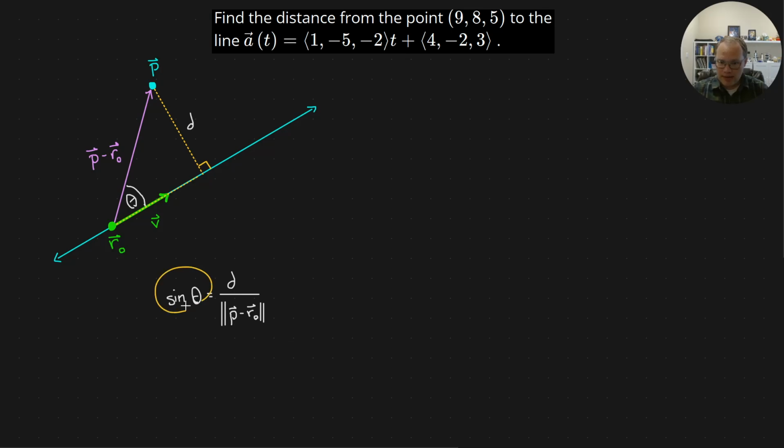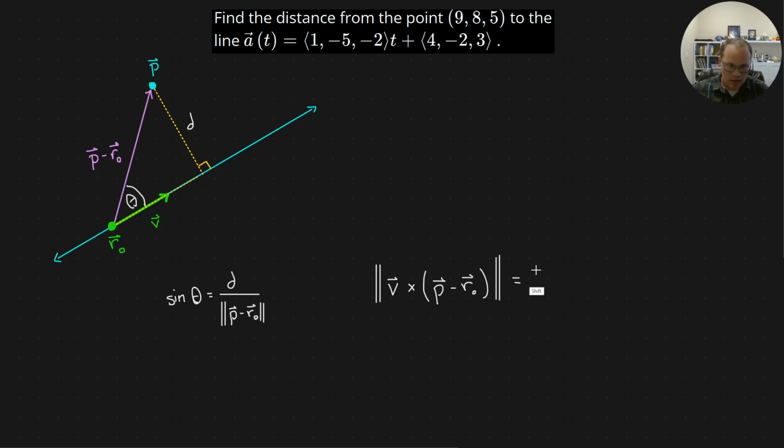And what else do we know about sine theta? We also know the cross product between v and P minus R naught. In fact, let's do it. If I take the cross product between v and P minus R naught, then what do I get?